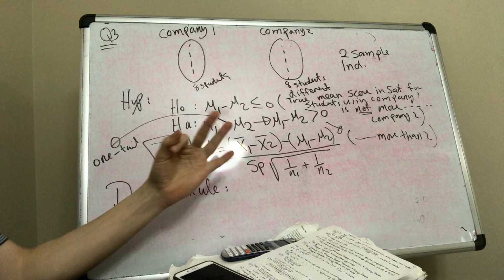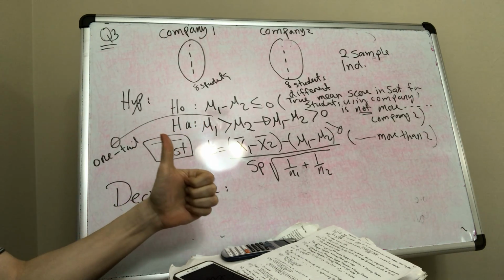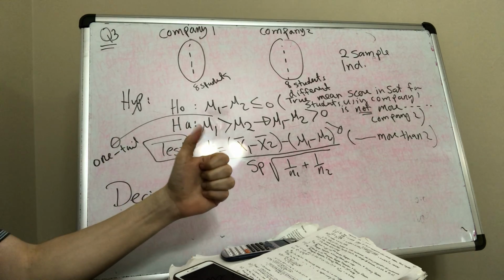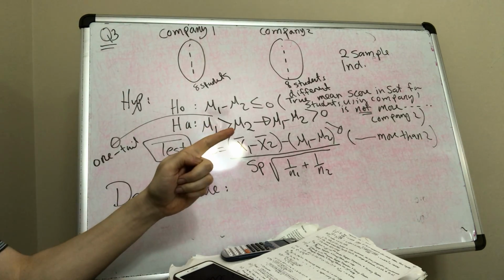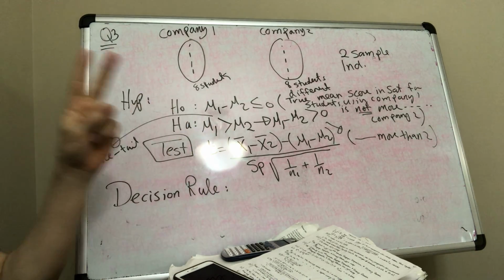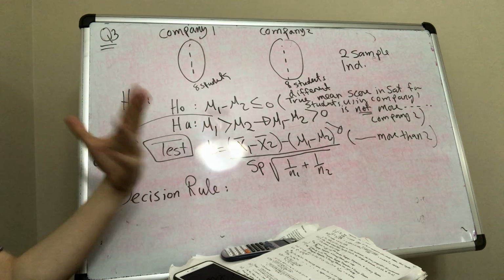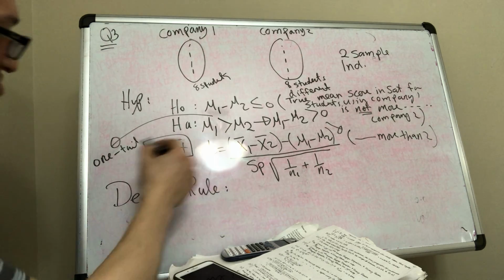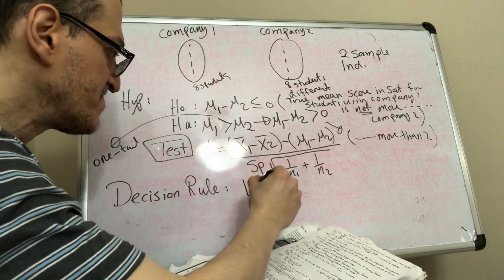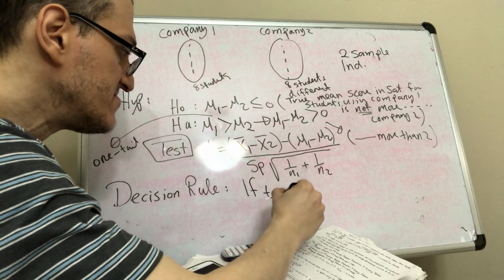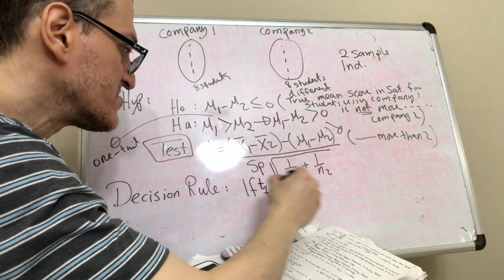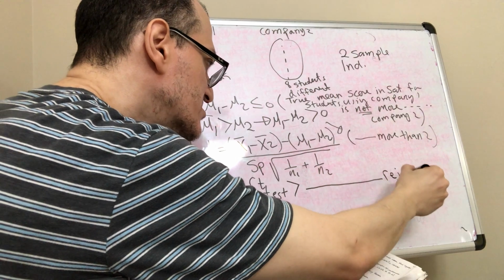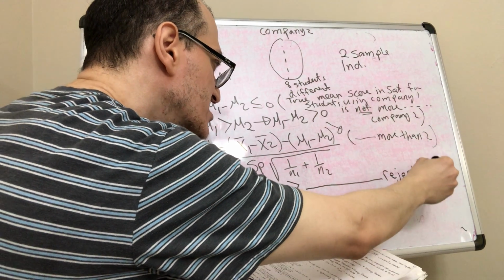So HA is either going to prove more, that would be one tail upper, or proving that you're less, one tail lower, or proving not equal, and that's two tail. So here we have one tail upper, so we say if t-test more than the table, we're going to reject H0.